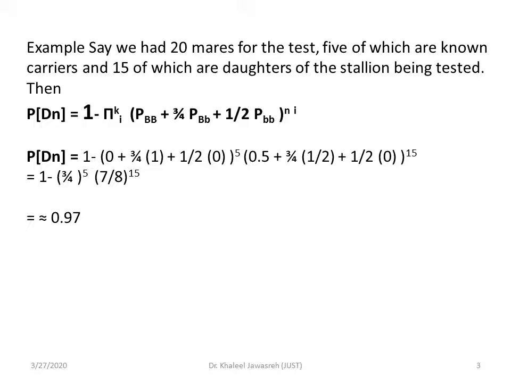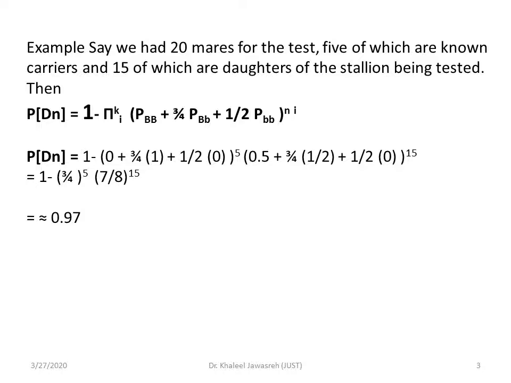The probability of being B capital B small will be half, 50%, 50%, and the probability of being B small will be 0, and the n here will be 15. So by applying this equation, it will yield around 97%.